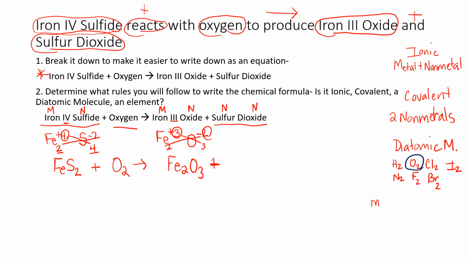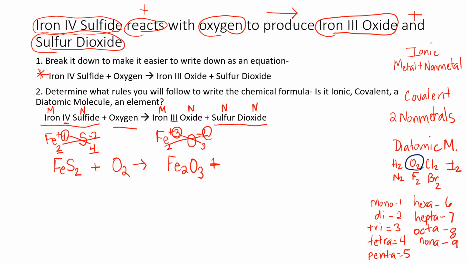So for example, and I'm writing it on the right hand side, mono means 1, di means 2, tri is 3, tetra is 4, penta is 5, hexa 6, hepta 7, octa 8, nona 9, and deca 10.